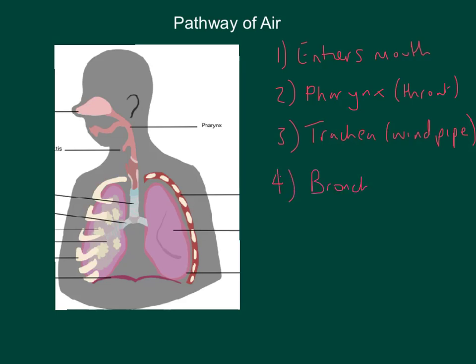It enters the bronchi. It then goes into these smaller vessels in the lungs, which are like branches coming off of this main branch here. If we think of it as a tree, we've got these little branches coming off, and they are just smaller versions of the bronchi, so they are known as bronchioles.